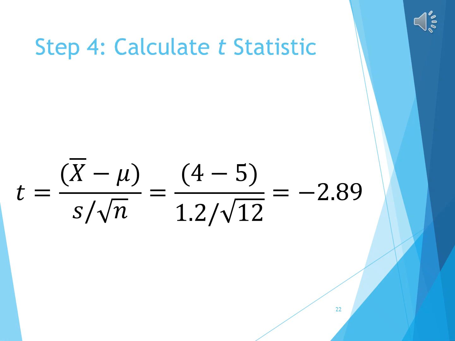So if we plug in all of our values, we've got t equals, this is the observed t, a sample mean of 4 minus population mean of 5 divided by sample standard deviation of 1.2 over the square root of the sample size, which is 12. If you do the math, you get an observed t-score of negative 2.89.